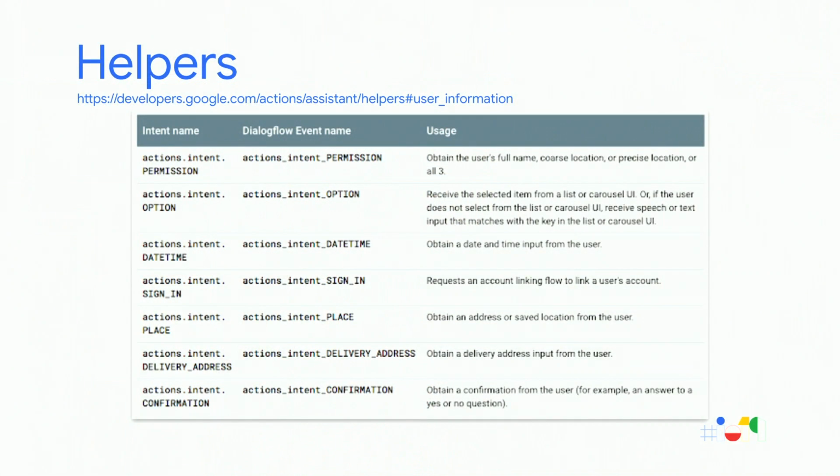And then other information like Google Sign-In, where you can have them log into your account as well. So helpers are ways that we provide where you can get information from the user, and Google Assistant will temporarily take control of the conversation to handle that request as well. So I definitely highly recommend using these to get data from the user, especially when it comes to names, because we all spell names slightly differently. That way you can get the actual name of the user.